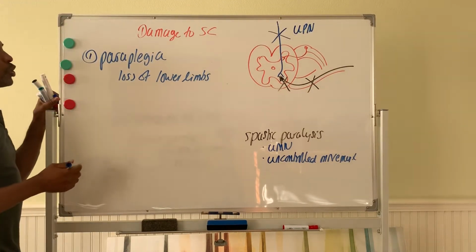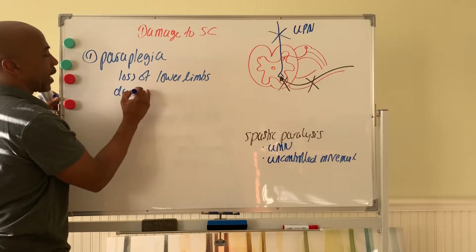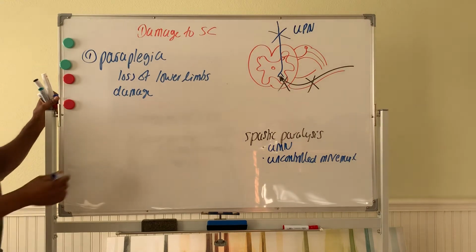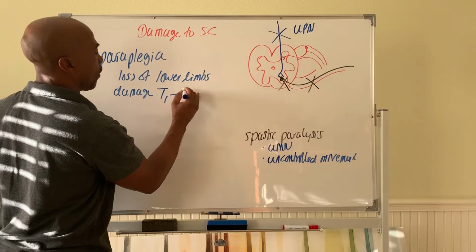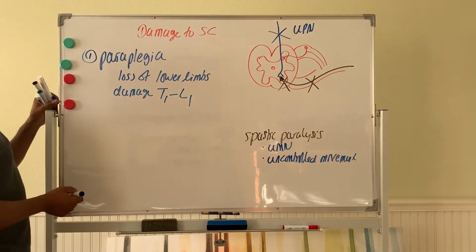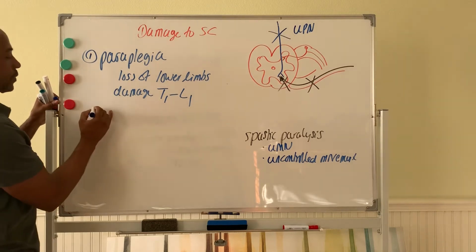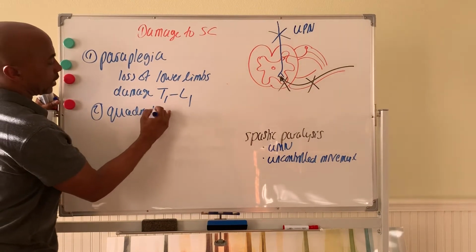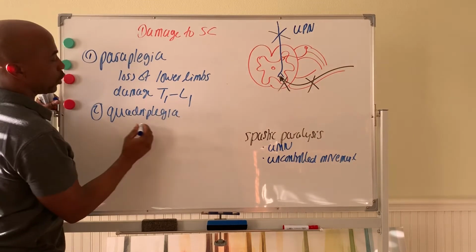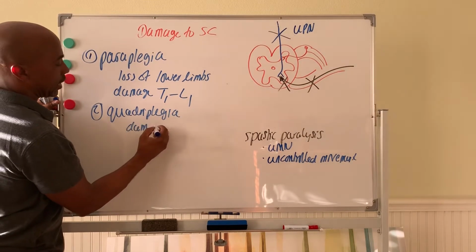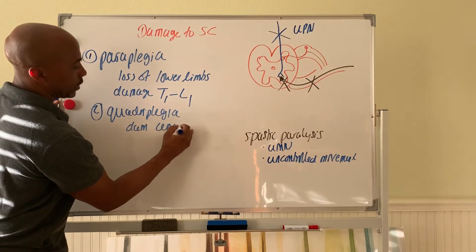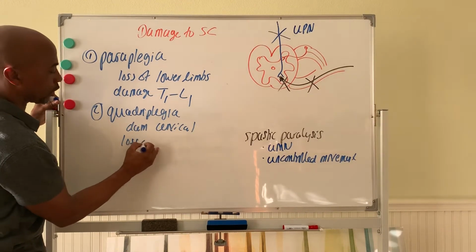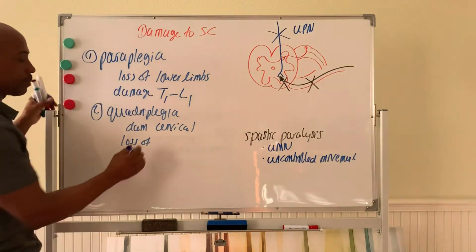That's normally due to damage somewhere between your T1 to L1 region of the spinal cord. That would cause loss of lower limbs. You have quadriplegia. That's when you damage your cervical region. And here you have loss of all four limbs, loss of upper and lower limbs.